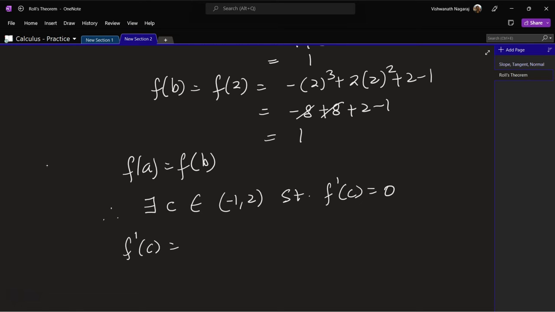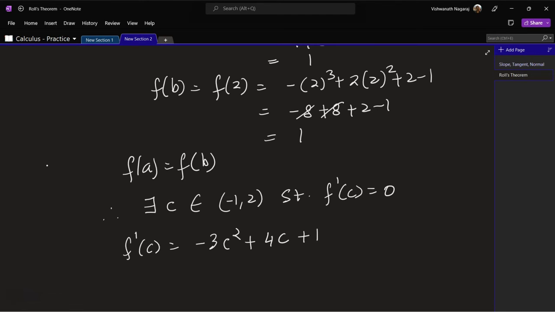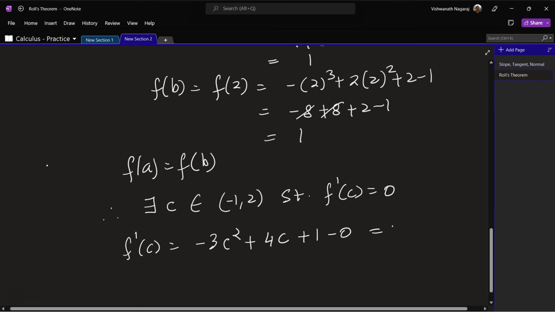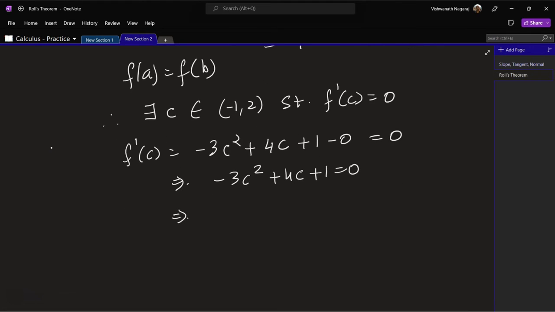So our function is minus x cube, so minus 3c square plus 4c plus 1 minus 0 equal to 0. So minus 3c square plus 4c plus 1 equal to 0. Now let's multiply it by minus 1. So we get 3c square minus 4c minus 1 equal to 0.